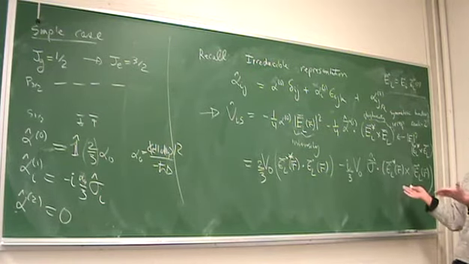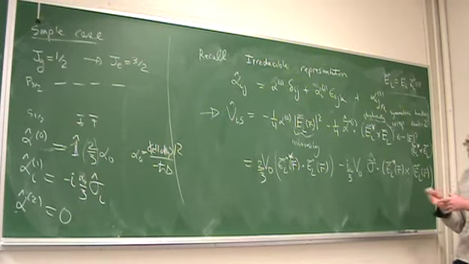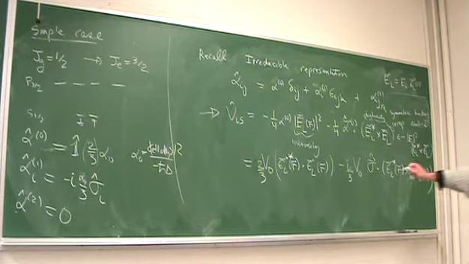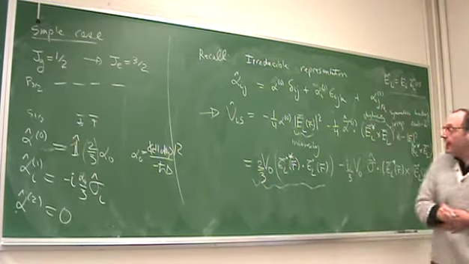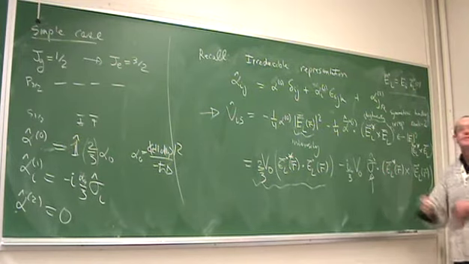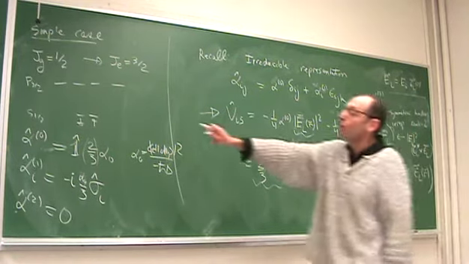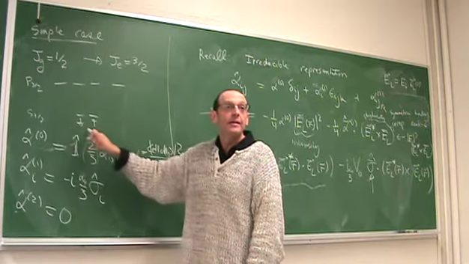So what can we learn from this expression? Well, what we see here is that there is a term that is independent of the spin of the atom, and there is a term that depends on the spin of the atom, whether the atom is spin up or spin down.